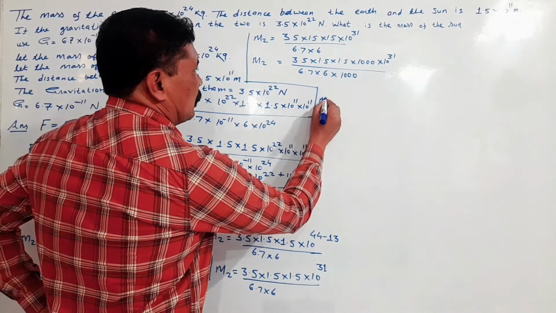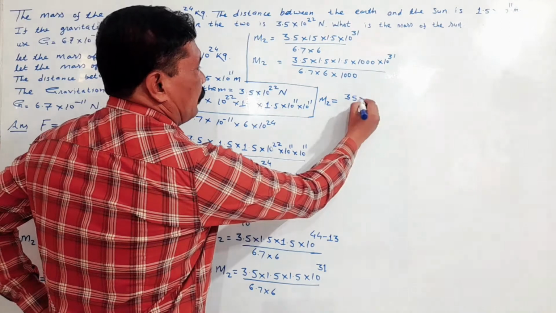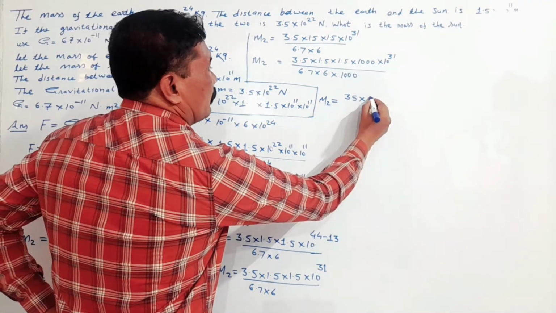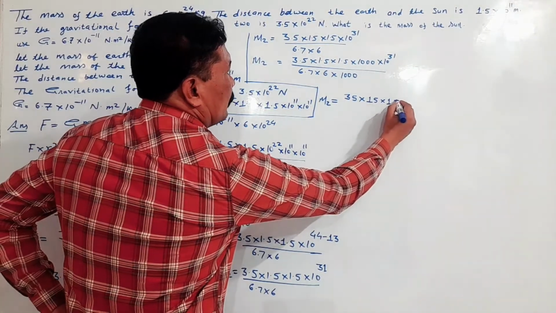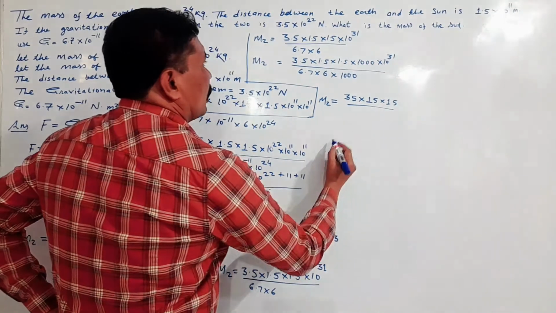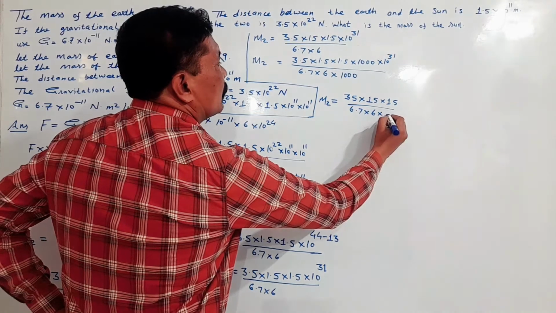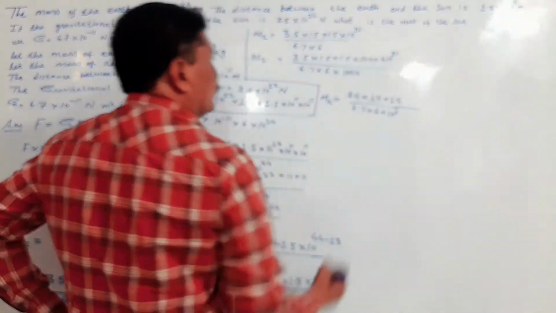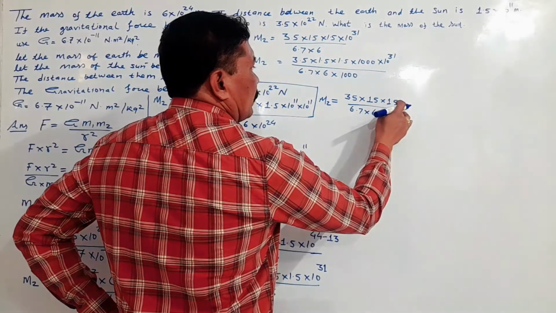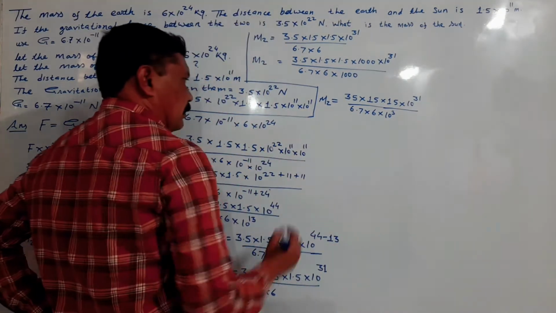Now my dear student, by doing this, 3.5 will become 35, 1.5 will become 15 and 1.5 will become 15 upon 6.7 into 6 into 10 cube we can write, and this 10 to the power 31 will write as it is into 10 to the power 31.